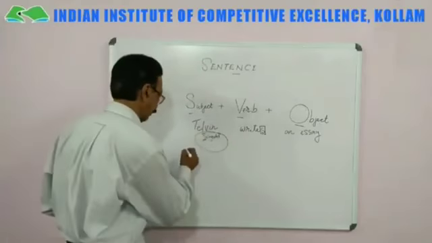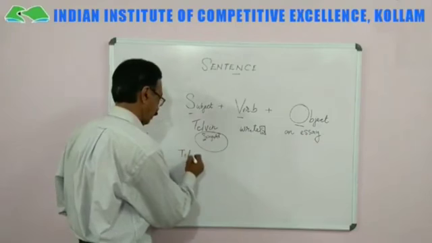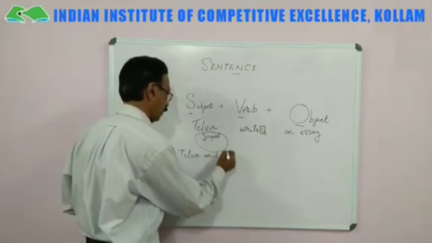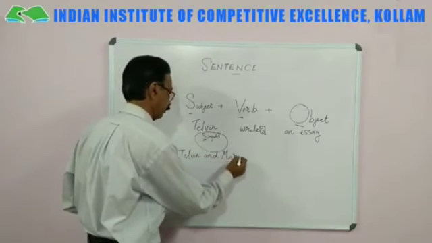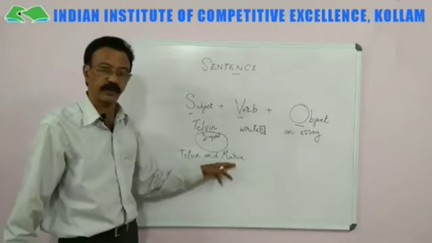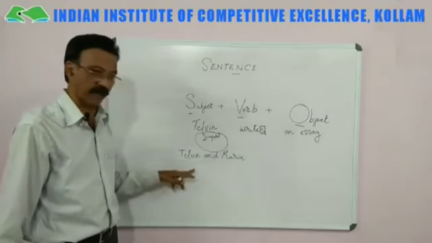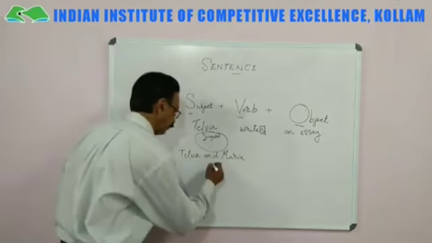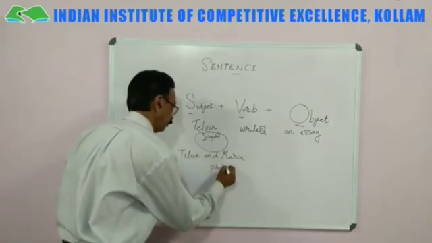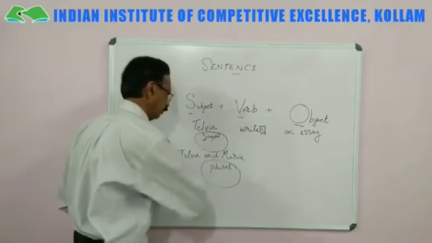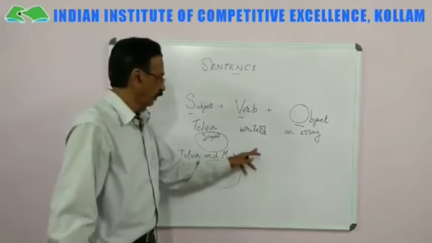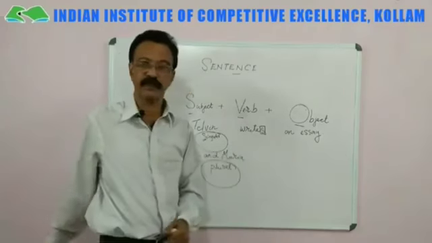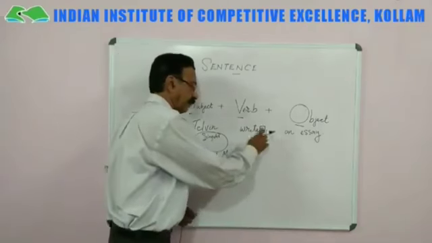Okay, we shall see Telvin and Maria. There are two subjects, Maria and Telvin. So this is plural. The verb writes is singular as there is s at the end.